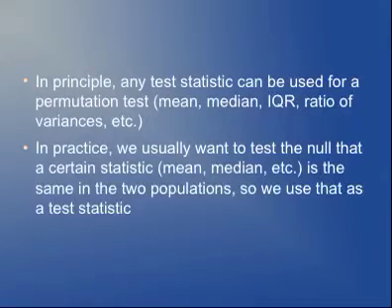It could be mean, median, interquartile range, ratio of variances, whatever strange thing you can come up with. In practice, you almost always want to test the null hypothesis that a certain test statistic, usually a measure of central tendency, either mean or median, is the same in the two populations, so you use that as your test statistic.